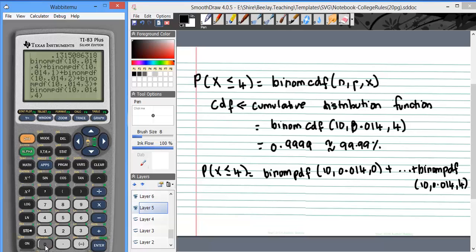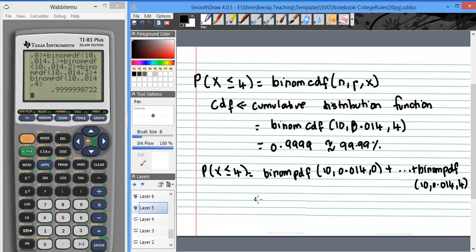So I start at 0 because the first term is a 0, and 1, 2, 3, and 4. Now press enter, and my answer is the same. I get 0.9999.